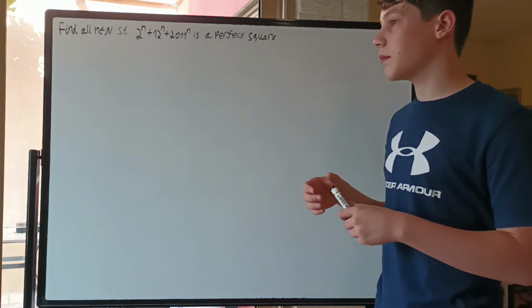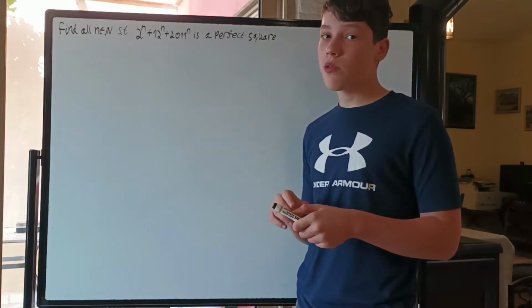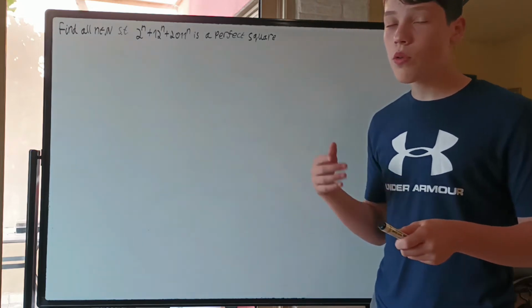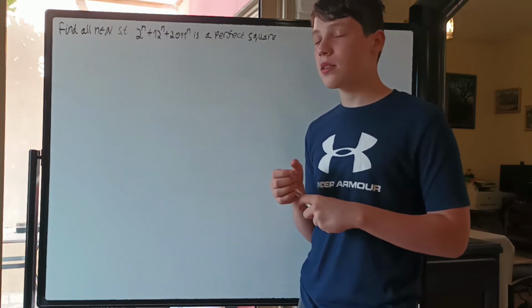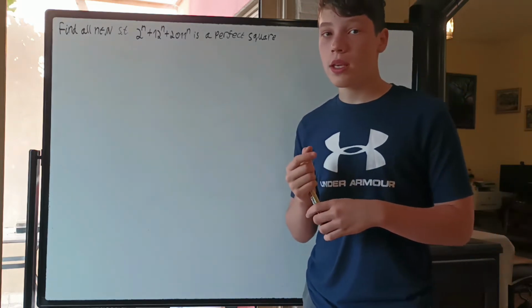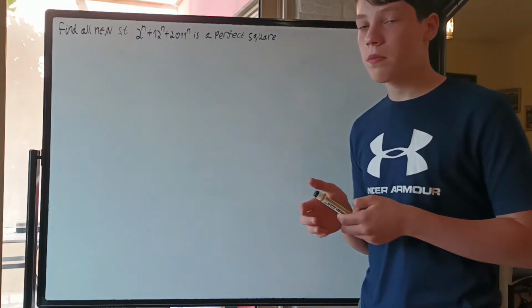So a square mod 4 has to be 0 or 1, it can't be 2 mod 4 or 3 mod 4. Also mod 3 a square can only be 0 or 1, it can't be 2 mod 3.